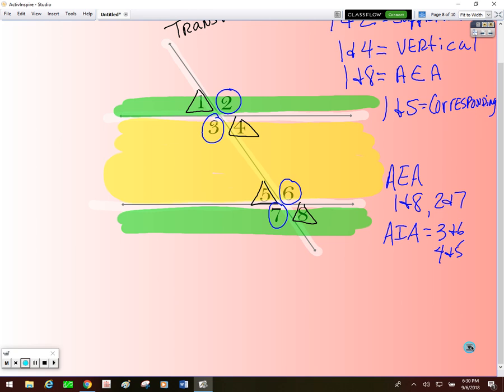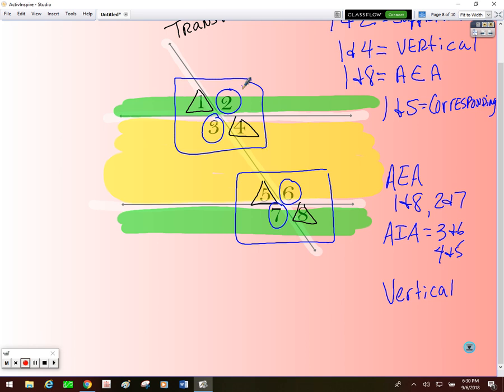All right, so then if I want to go up, let's go to vertical. Remember, with vertical, we're going to break it down into one intersection. This bottom intersection and this top intersection. All right. So verticals are diagonal matches at the same intersection. Well, if I look up here, what's diagonal to it is 4. But it's acute and acute.